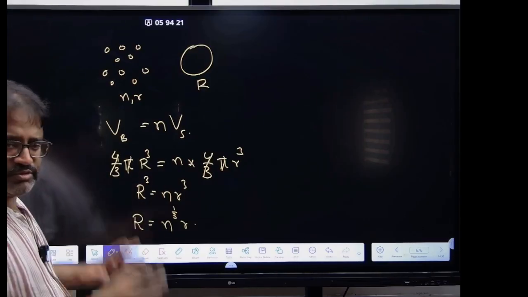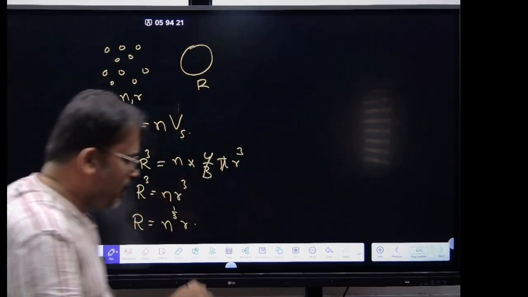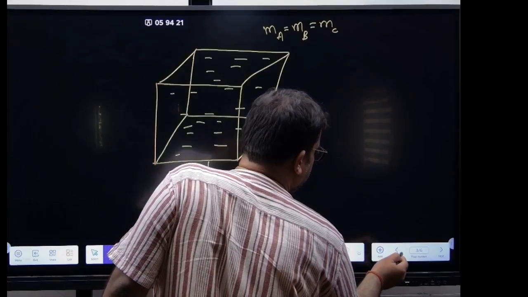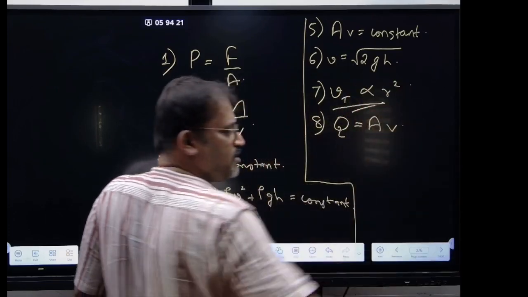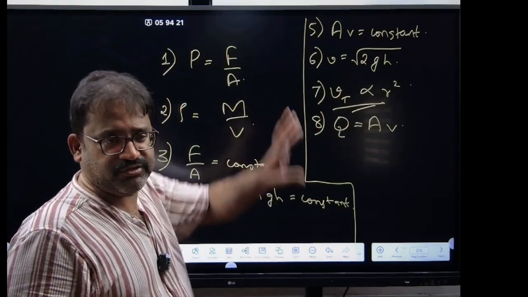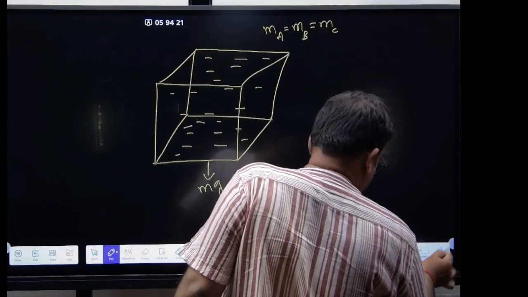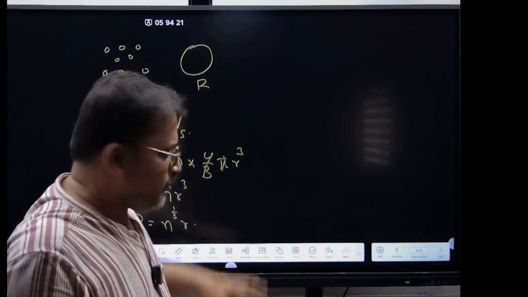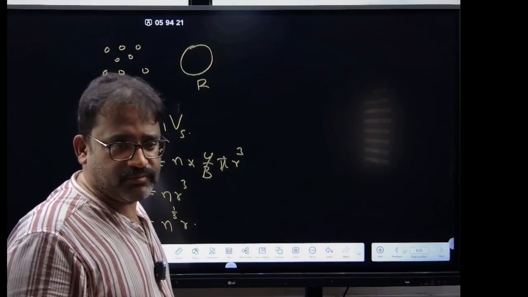Is this part understood? Now, why did I take the radius? Because in this formula we can see velocity is proportional to the square of radius. Correct? So therefore, I need to find out the velocity, and therefore I find out the radius.